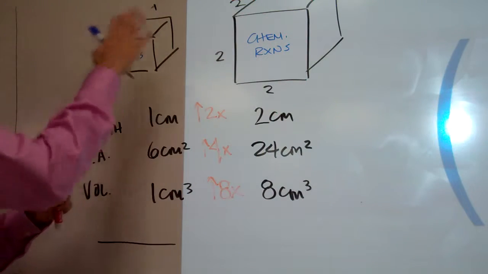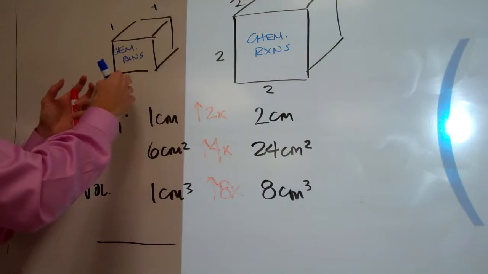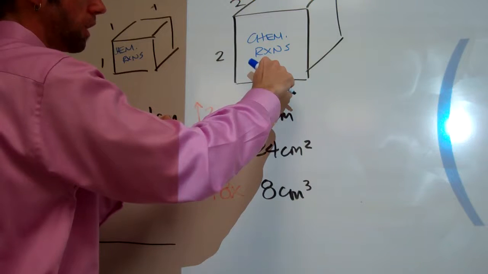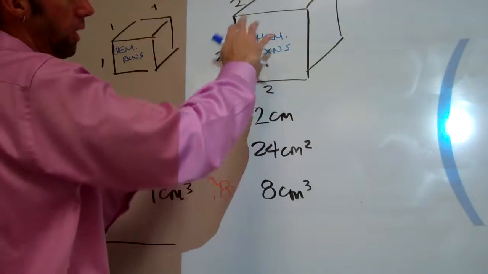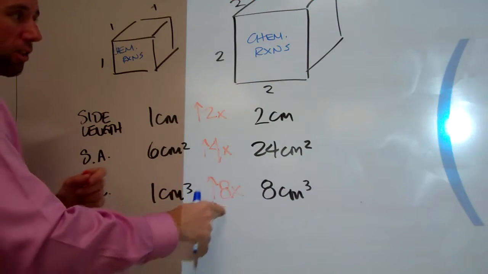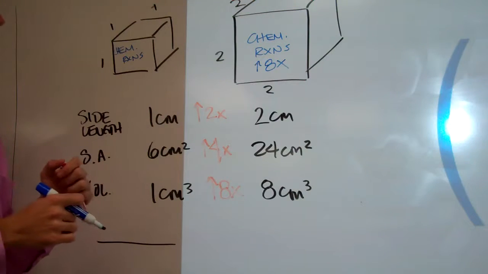If this cell is doing just fine with this amount of volume and this amount of chemical reactions, if we were to double that cell's size to this one, we now need to increase the amount of chemical reactions happening according to the volume. And the volume is increased 8 times. So our amount of chemical reactions need to go up 8 times.